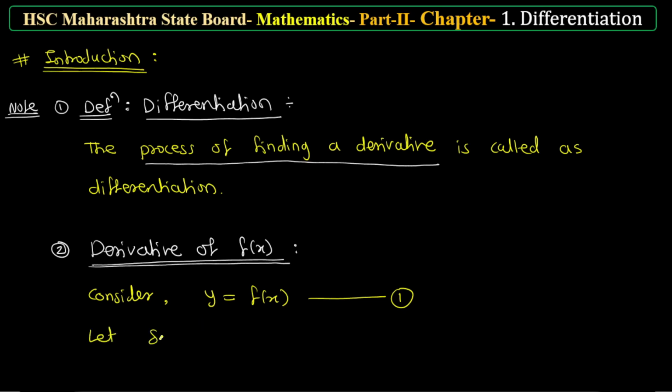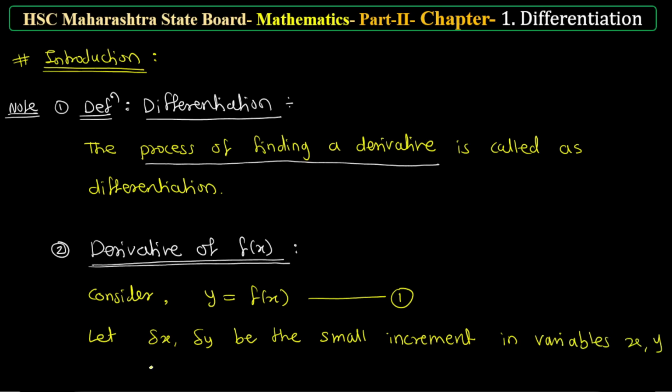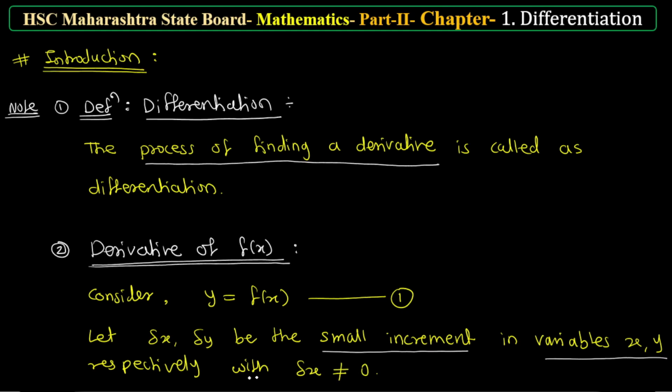Then let delta x and delta y be the small increments in the variables x and y respectively, with delta x not equal to 0.